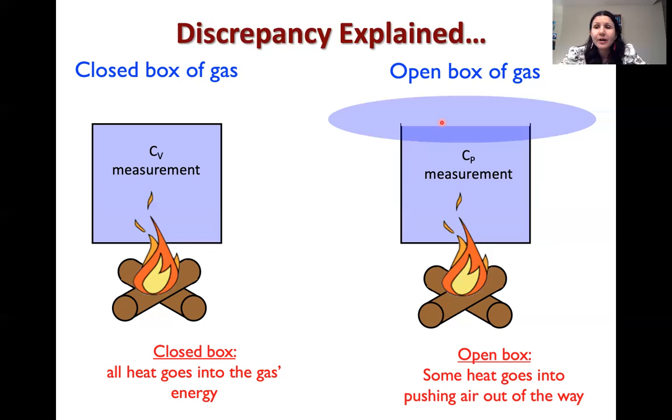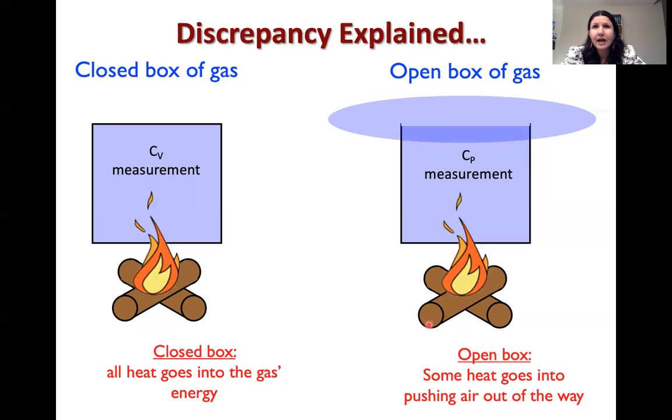But in order for this container to expand, what has to happen? Well, there has to be a force that allows it to expand. And if there's a force, some of the energy you put in goes into the work being done to expand that container. So when we're talking about a constant pressure experiment, we can no longer neglect work.